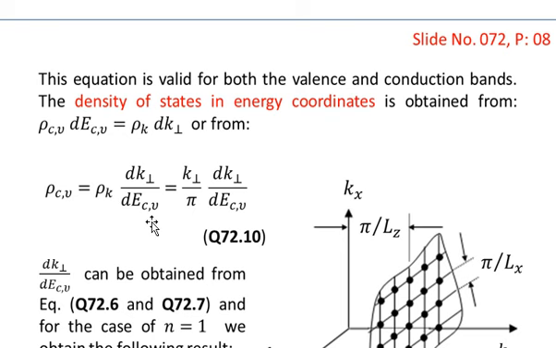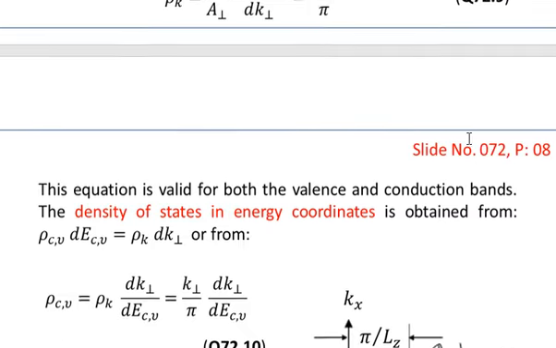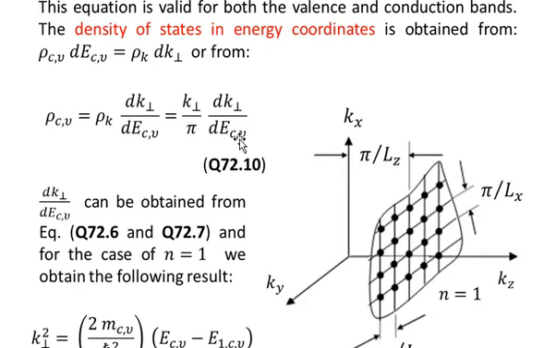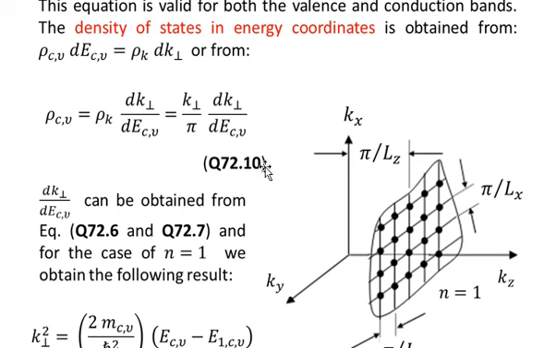So using the value of rho k from this equation, we write the expression in equation number 10 as rho Cv is equal to k perpendicular over pi, and then the derivative of dk perpendicular over dE Cv.